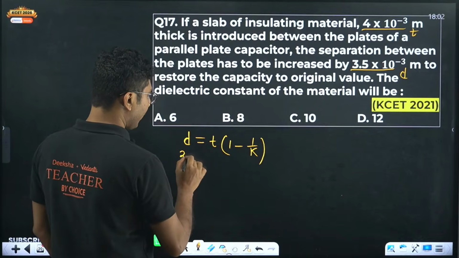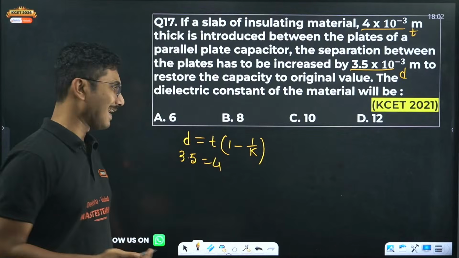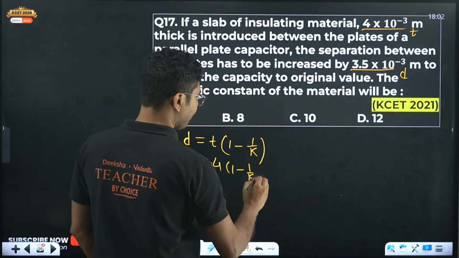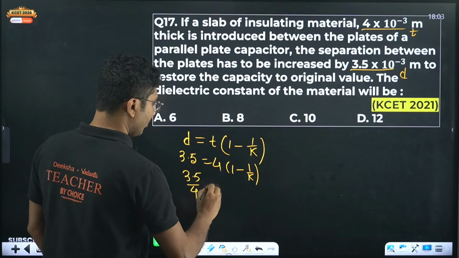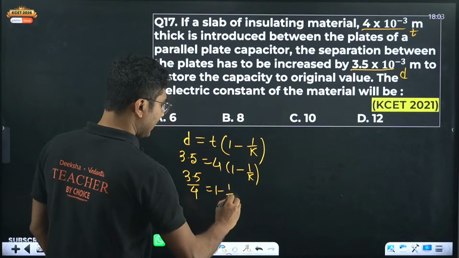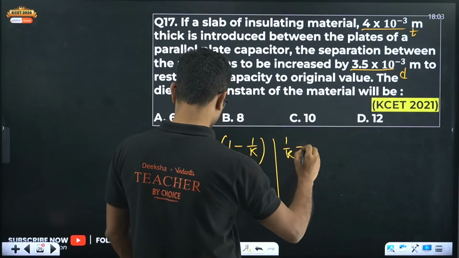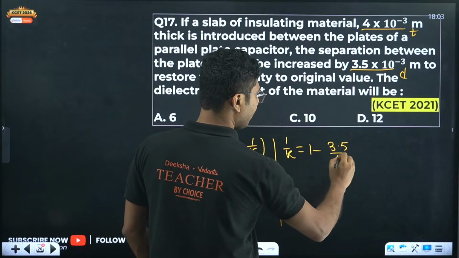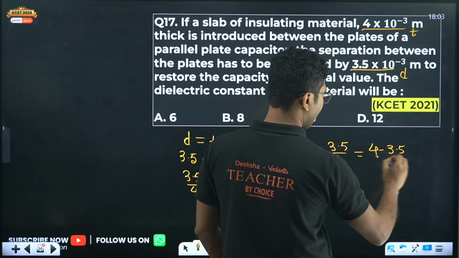This is 3.5, this is 4, obviously 10 to the power of minus 3 cancels, and we get 3.5 by 4 equals 1 minus 1 by K, or 1 by K equals 1 minus 3.5 by 4, which is 4 minus 3.5 by 4.